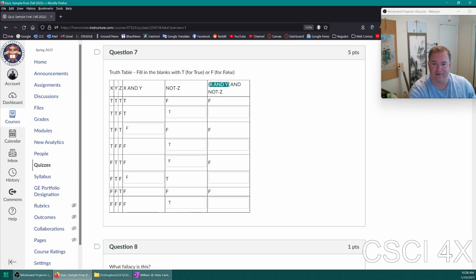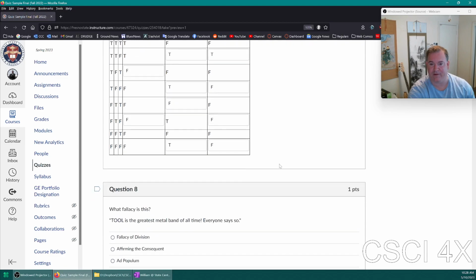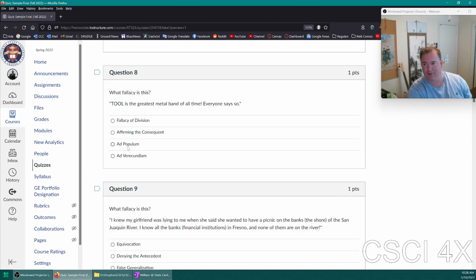And then for this one, X ended with Y, which is this column, ended with not Z, this column. So we're going to AND these two columns together. True ended with true is true. False ended with false is false. False ended with true is false. False ended with true is false. False ended with true is false. Okay, truth table's done. You're going to have 2 truth table questions on your final, probably.